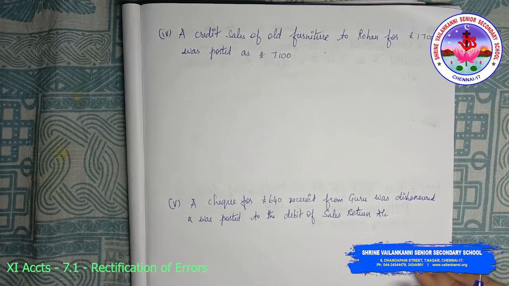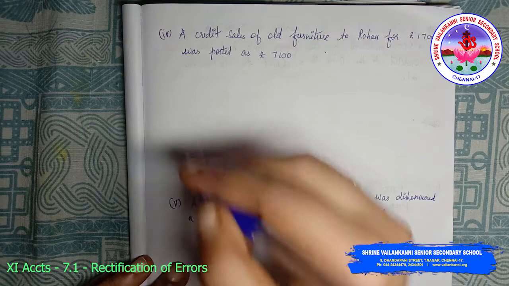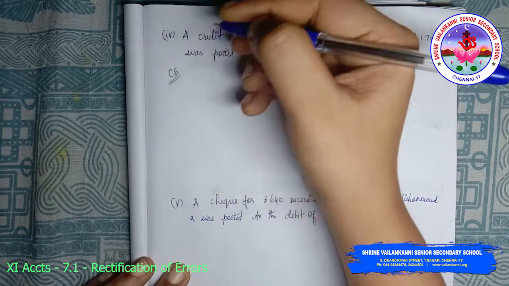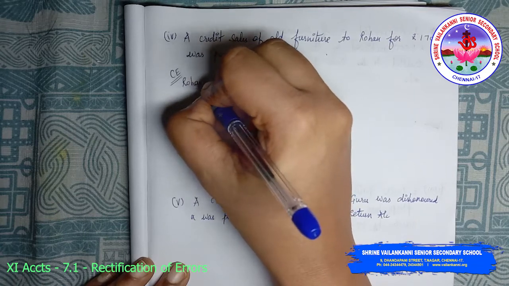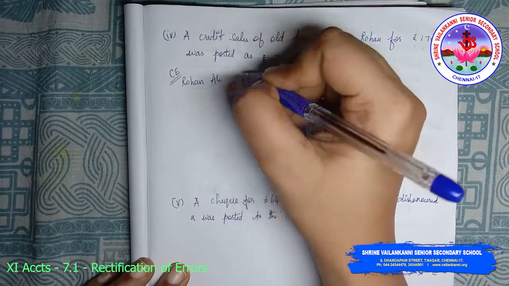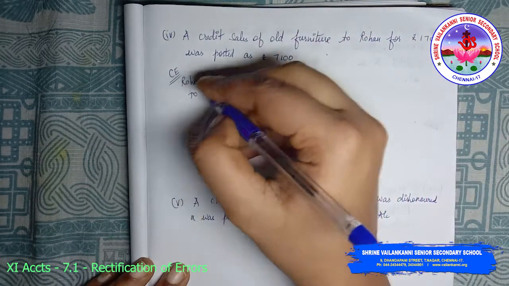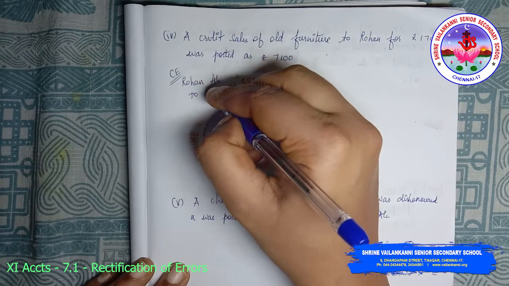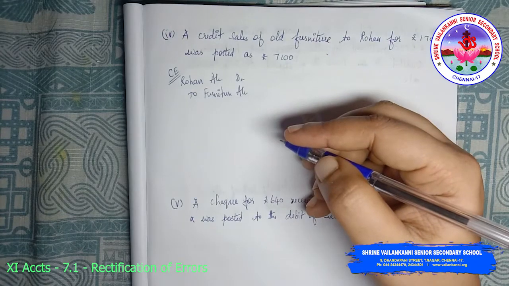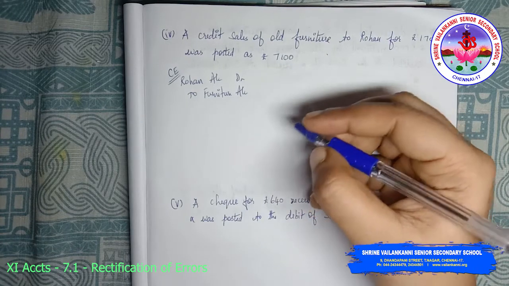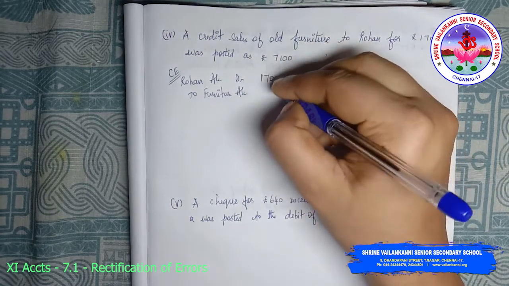Now credit sales of old furniture to Rohan. So what is the correct entry? Rohan account debit to furniture account 1700 they have to write.